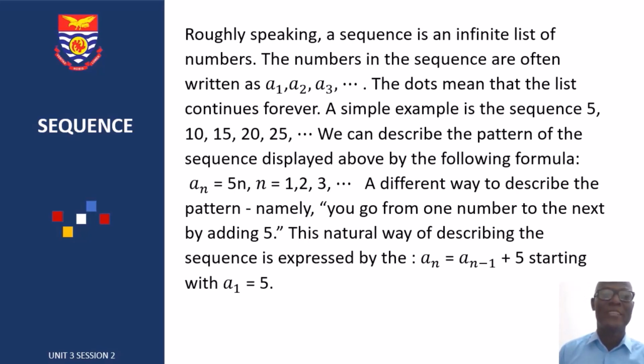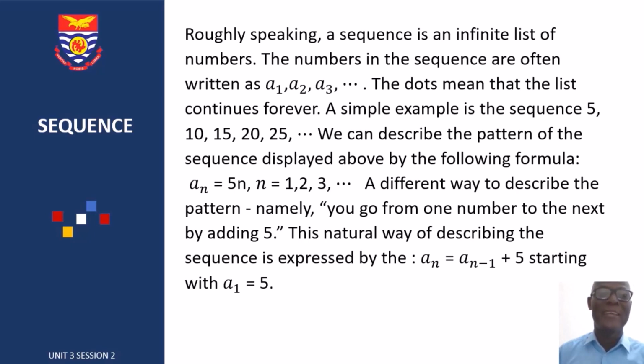When n takes 2, then our second term, a subscript 2, equals 5 multiplying 2, which is 10. That is why the second number is 10.